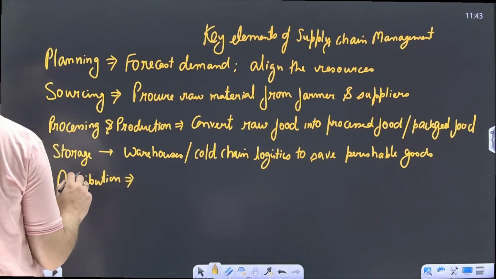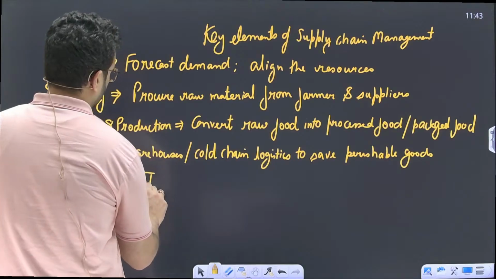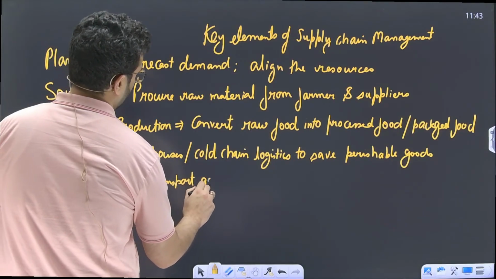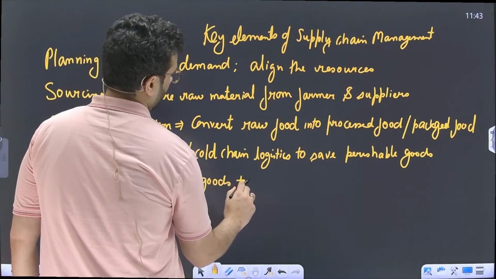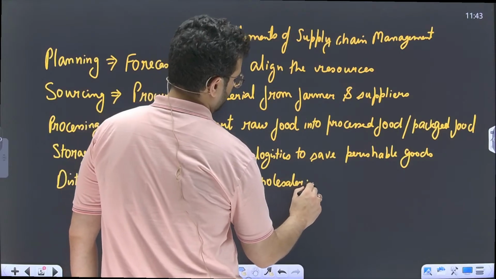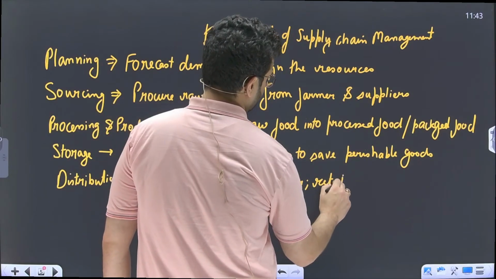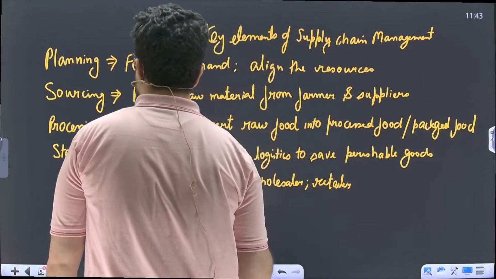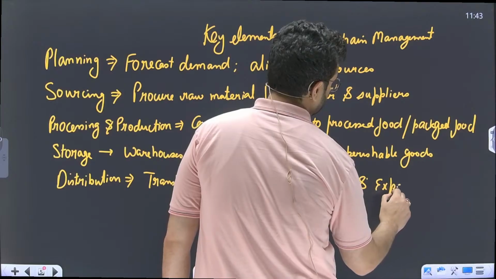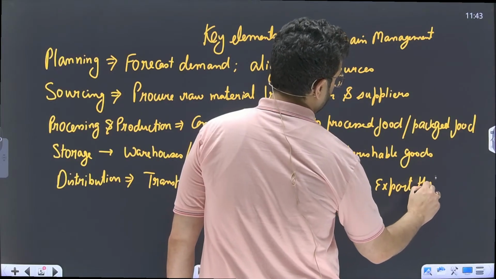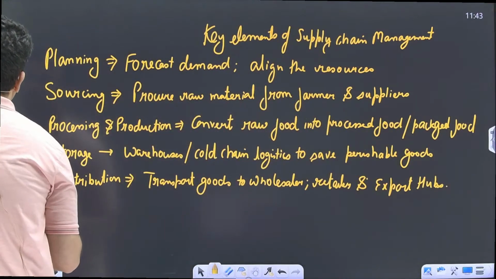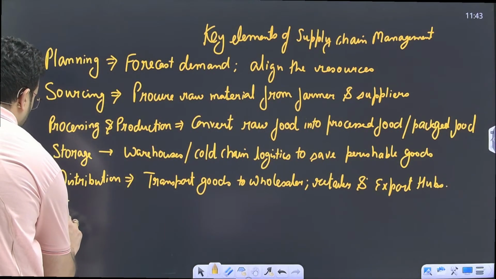What is involved in it? Transport goods to wholesalers, retailers, and export hubs. This is distribution. Then after that, information flow.